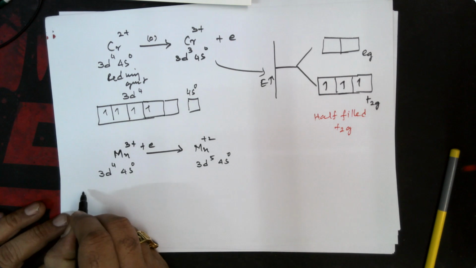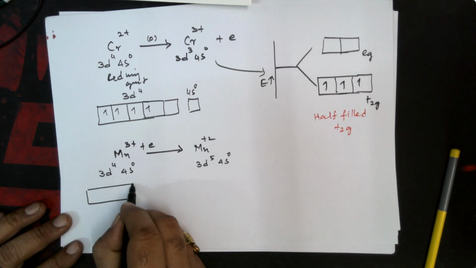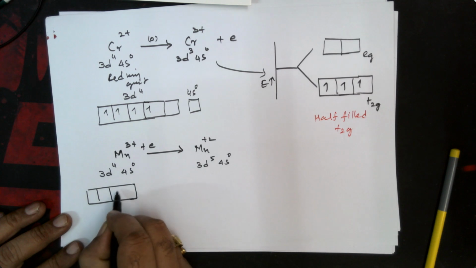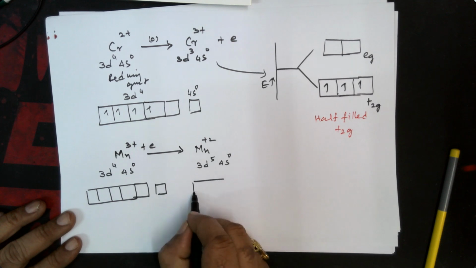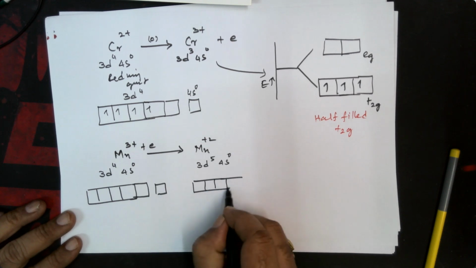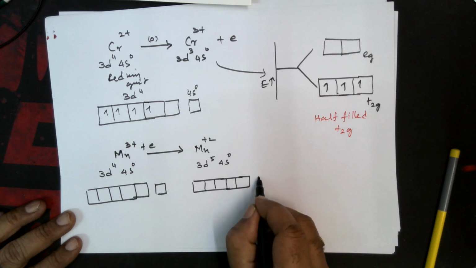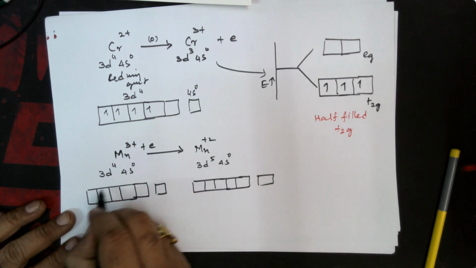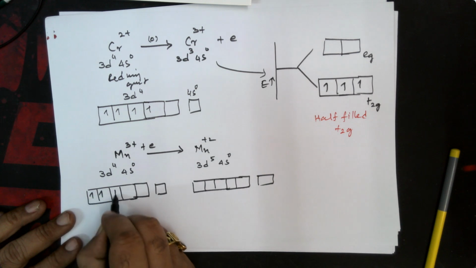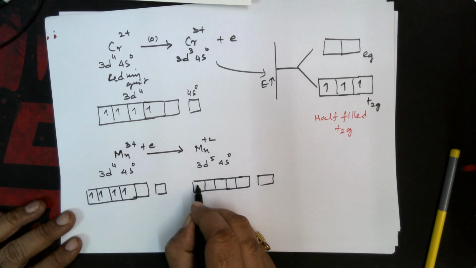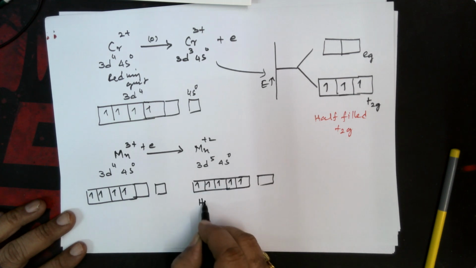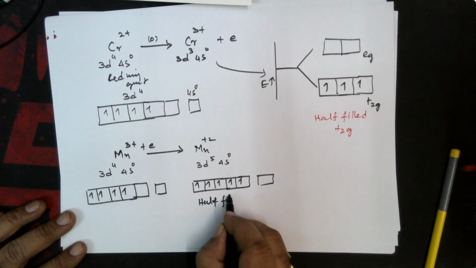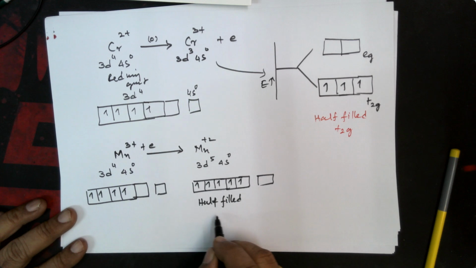Here there is no splitting. 1 2 3 4 5, so it is half filled and more stable.